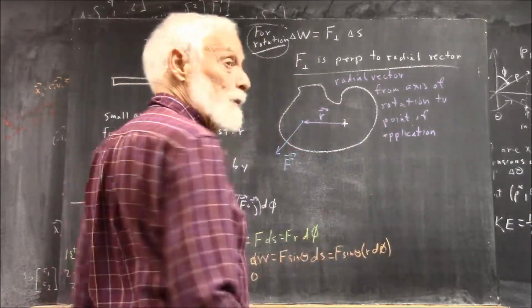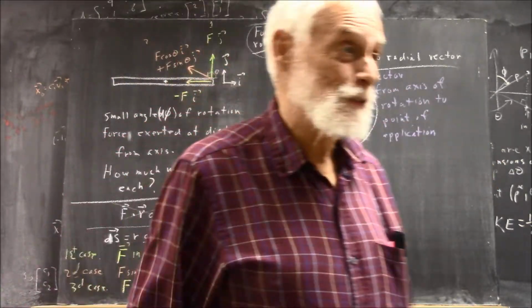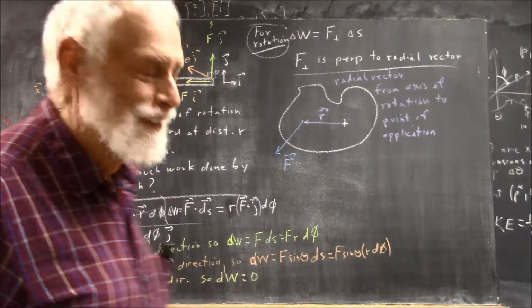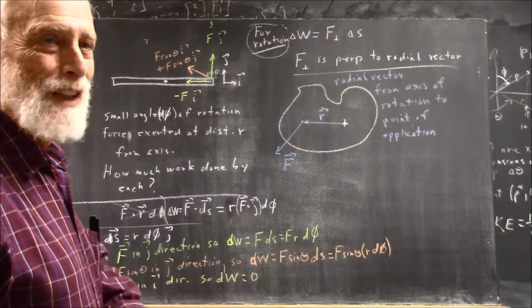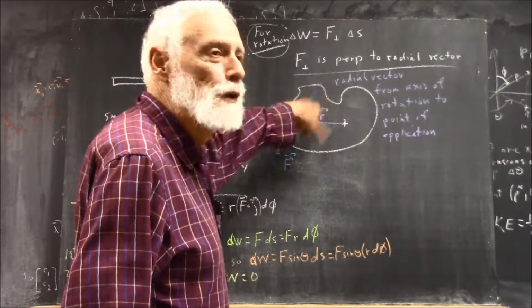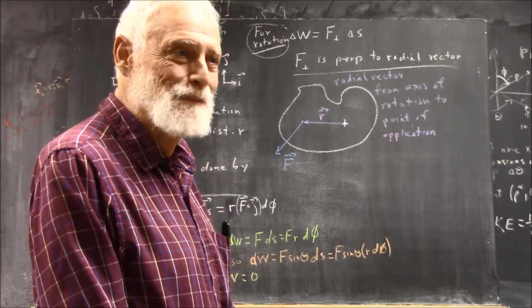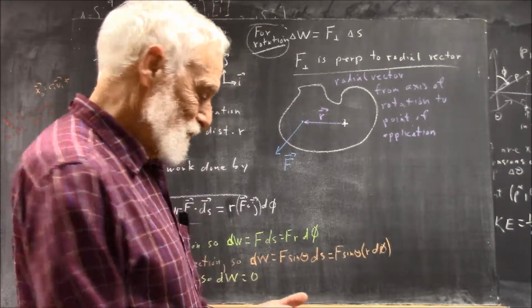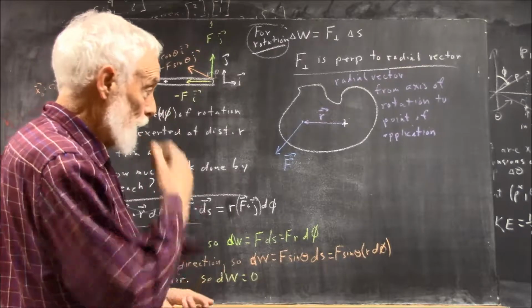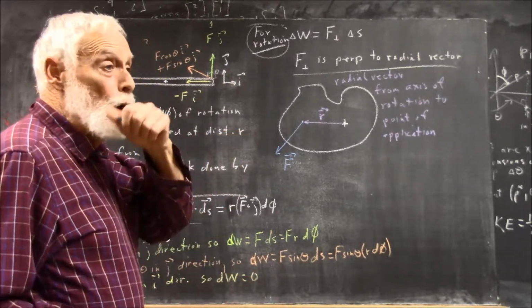Actually, it is counterclockwise. See, they don't have clocks on the walls anymore. I can't tell. Duh. Okay? It's counterclockwise. It's the positive direction of rotation. That's the way I'm used to thinking about it. No excuse.